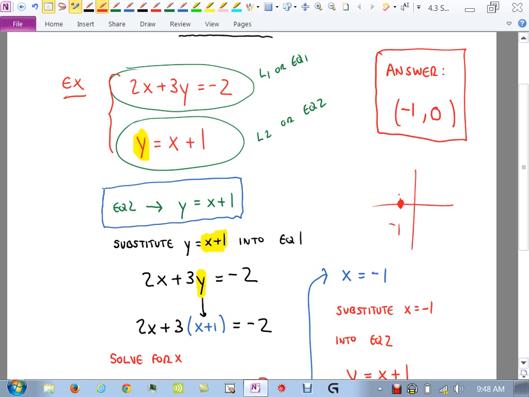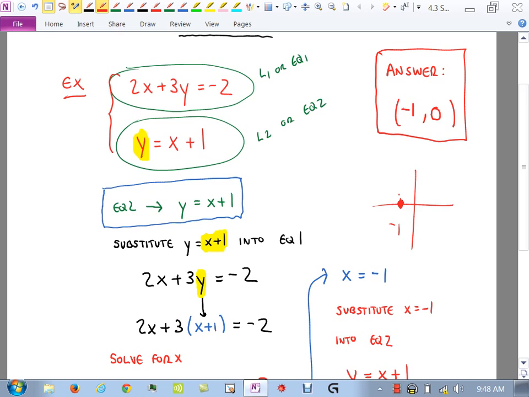Now, how could you check your answer? Plug them in, right? Plug them into the original problem. Plug in -1 for x right now into the top one. What happens if I plug -1 right here? Get -2. What happens if I plug in 0 for y? It's gone, right? So I have -2 equals -2. Is that true?